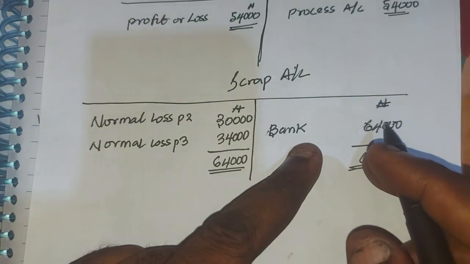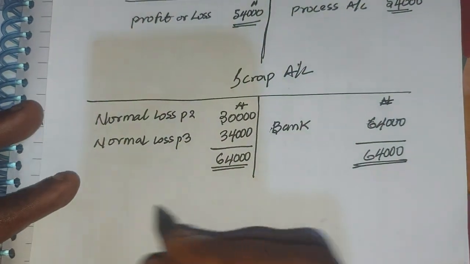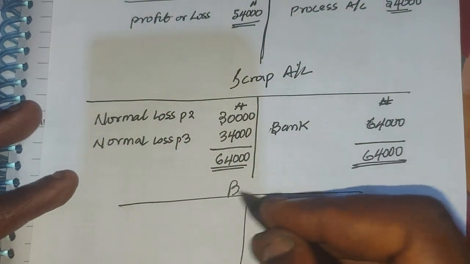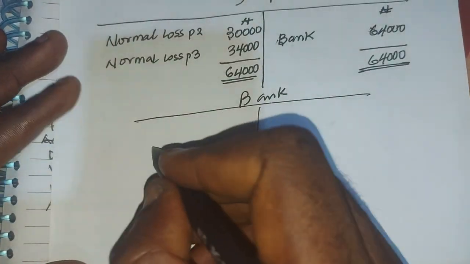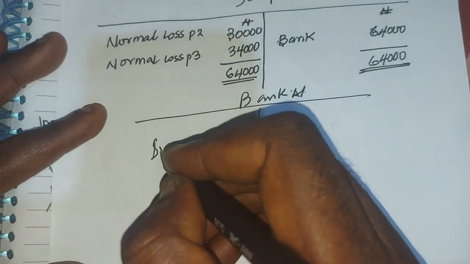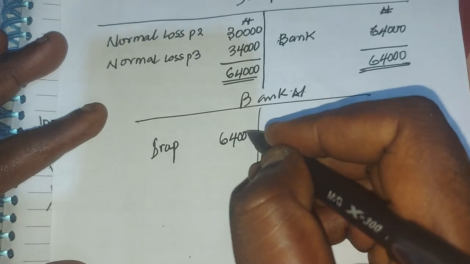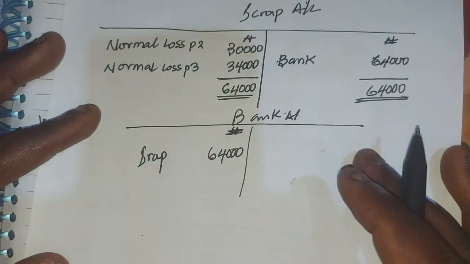So let's assume the money has been collected. Then you come, go to the bank account and debit the bank. It says scrap, sold for 64,000.